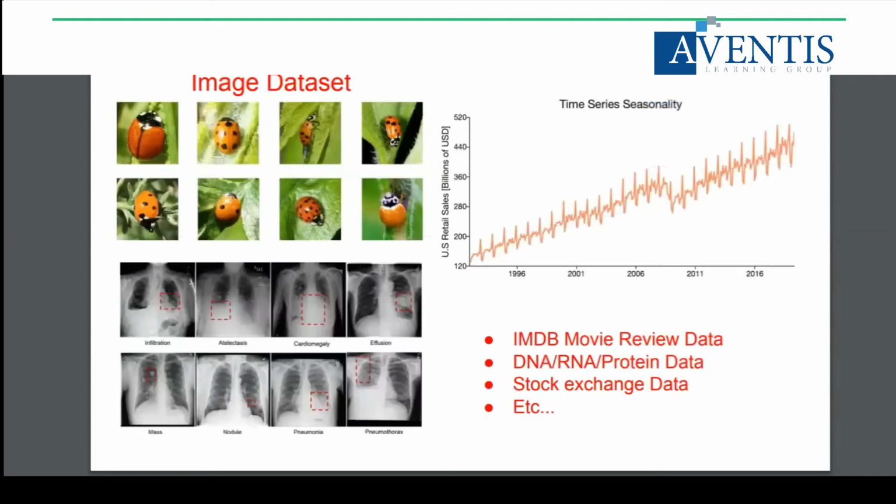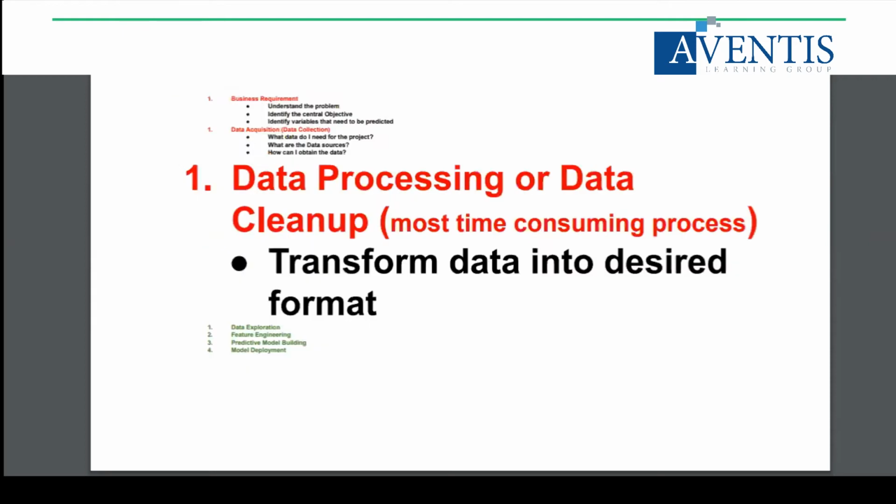It may be some image data set that you need to classify. It may be some time series related data set. It may be a movie review data set. It may be a DNA, RNA, protein related data set. So different data set, different question, and different things you need to do. Okay, so these are the data sets.